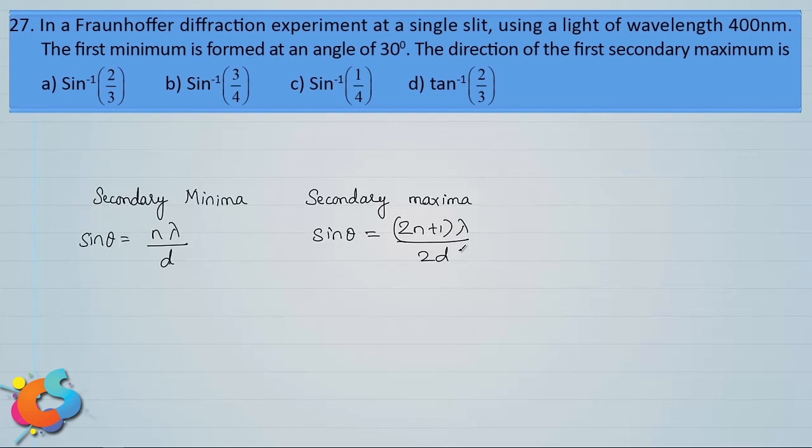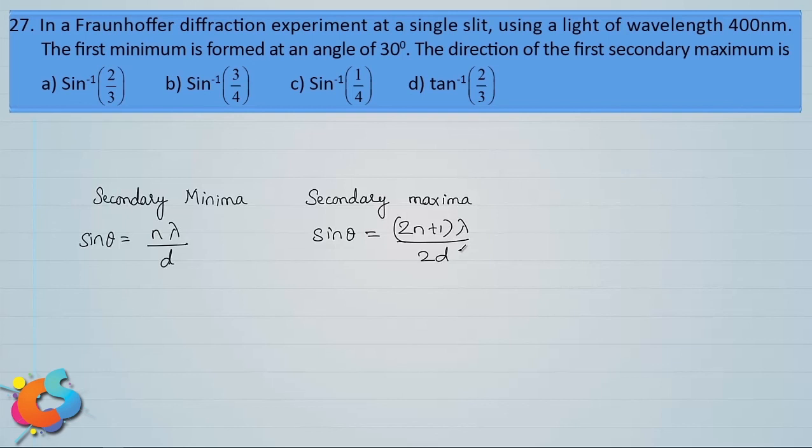When you remember the expression for secondary minima, where there is n lambda divided by d, if you replace n by (2n plus 1) by 2, you'll get an expression for the angular position for secondary maxima.